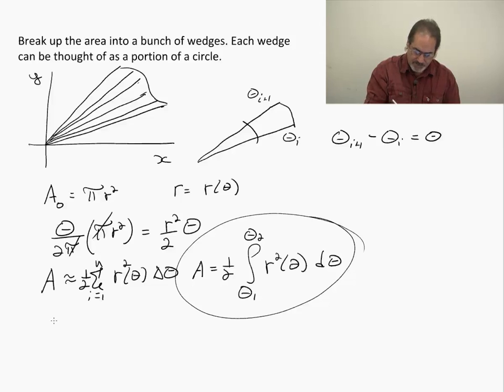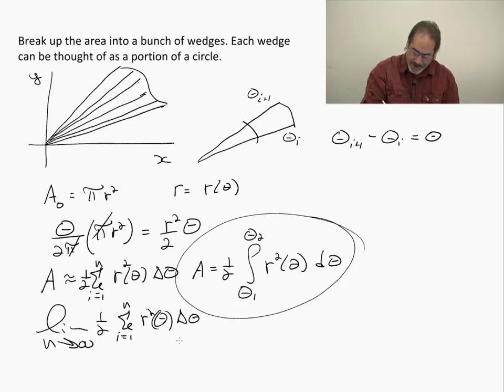I kind of skipped that part. If I take a look at the limit as n goes to infinity of 1/2 times the sum i equals 1 to n of r squared of theta delta theta, that will lead me to the integral. So I can use this to go ahead and calculate areas for polar curves.